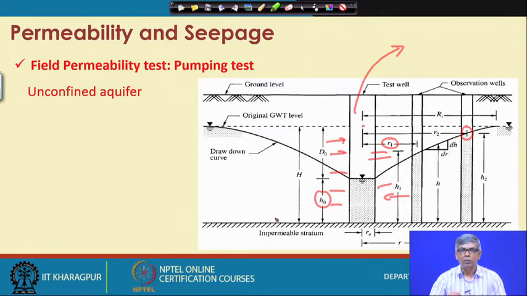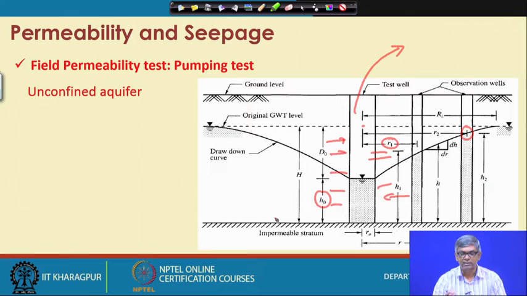When I am pumping out, you have to see that we are pumping at a constant rate. Initially the pumping may not be constant, because this is valid for the steady state condition. The quantity also should be constant, then only you take measurements, otherwise it is not correct.